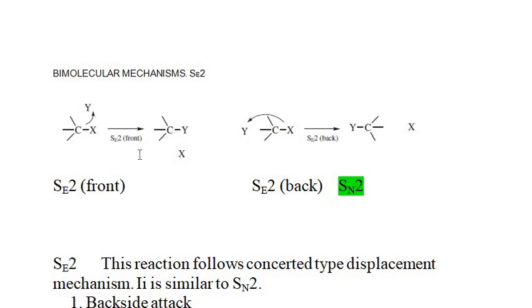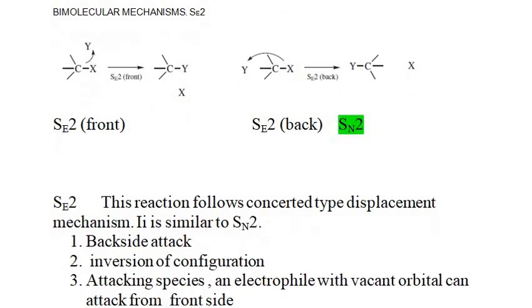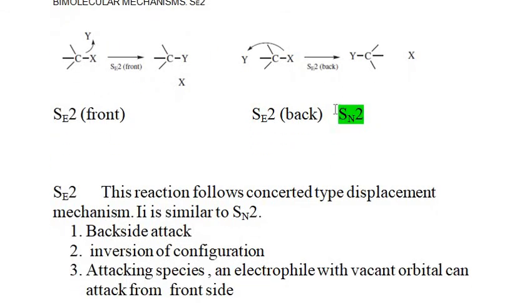We have seen that the SN2 reaction mechanism follows a backside attack, and front side attack is not possible in the SN2 reaction mechanism. In the SE2 reaction mechanism, front side and back side attack both are possible.